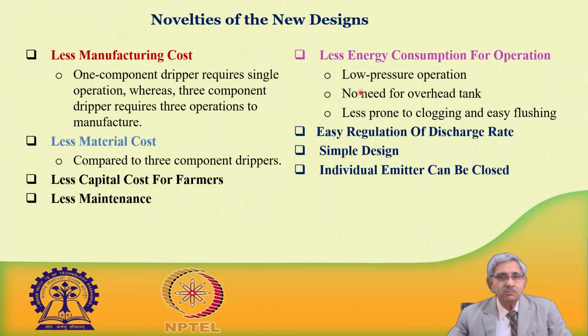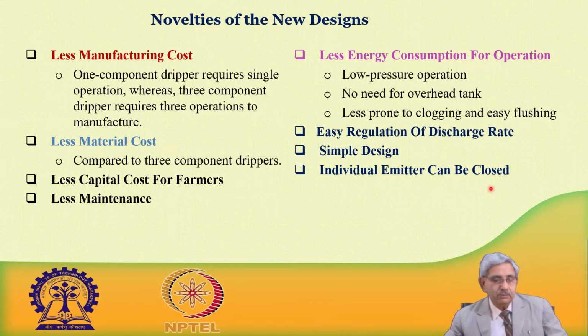As the pressure increases, of course, it is a non-pressure compensating type of dripper, but for a particular operating pressure head and low pressure head, it is possible to operate the dripper. There is easy regulation of the discharge rate; one can regulate the flow rate, it is a simple design, and an individual emitter can be closed. This is another feature, that we can fully close an individual dripper and then operate it.